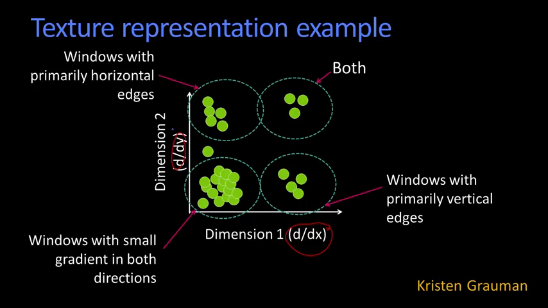And the idea is that there are little windows that primarily have vertical edges, right? Because they've got strong x gradient and no y gradient. Likewise, here's horizontal. This has a little window that would have texture in both, and these would be areas that have hardly any gradient at all.